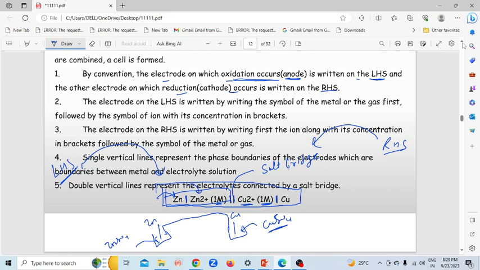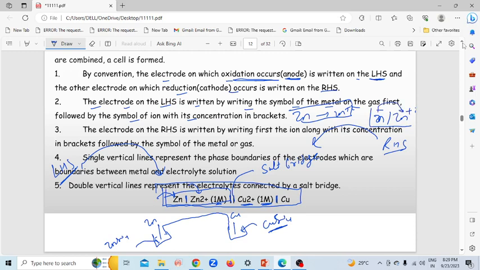Then the electrode on the left hand side is written by writing the symbol of the metal or the gas first, followed by the symbol of the ion. Why? Because the reaction is happening like that: Zn is converting to Zn plus 2. So if you write it like that, it will be very easy to interpret also.